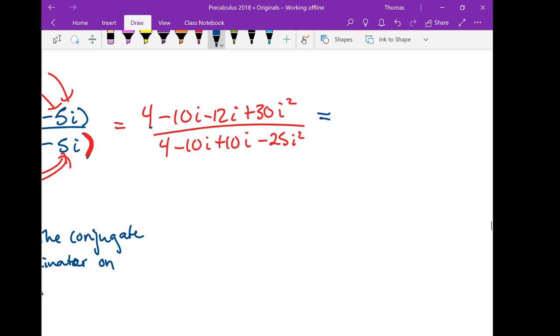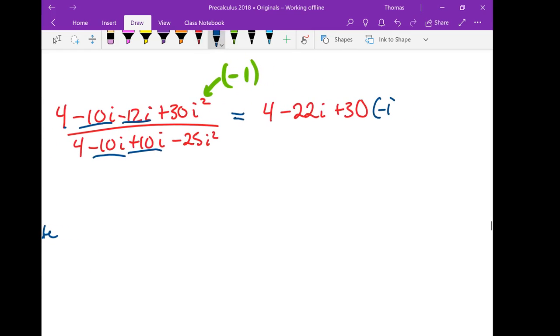I can combine these like terms on top and bottom. On top, it's going to turn into 4 minus 22i plus 30 times, well, i squared. We know that i squared is equal to negative 1. So it's going to be 30 times negative 1.